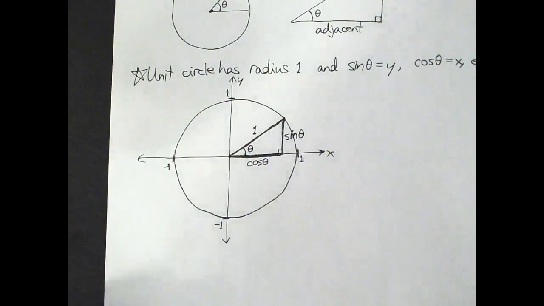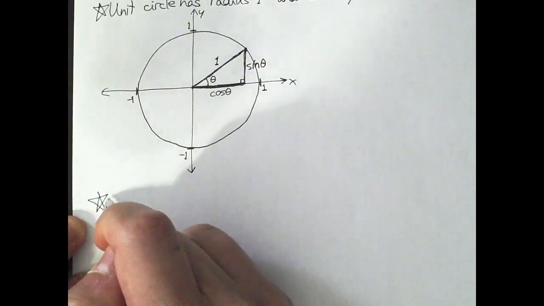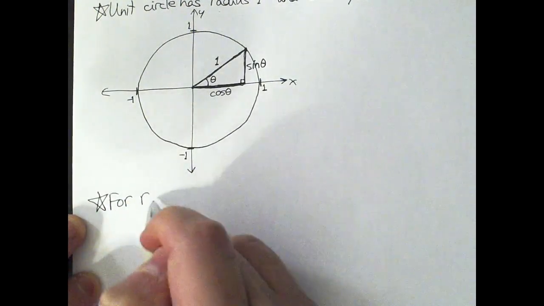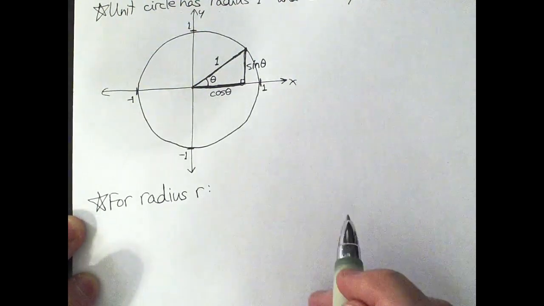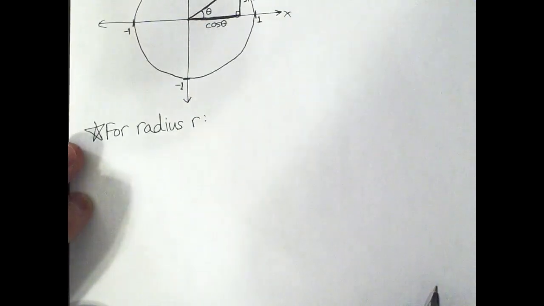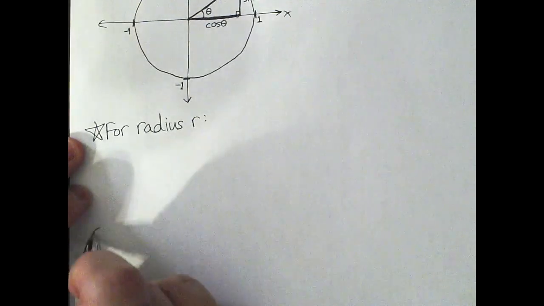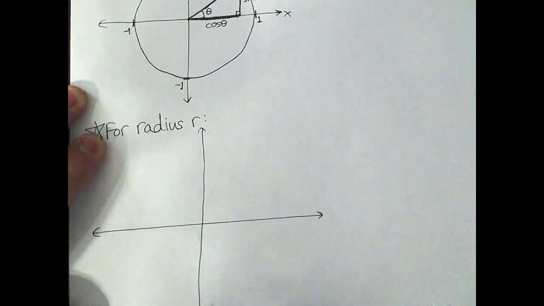Now that's for the unit circle, but we also want to talk about larger circles, smaller circles, and just be more general. So let's say we have a circle of radius r. And I'm still going to assume that it's a circle centered at the origin, but it might be larger or smaller than the unit circle.